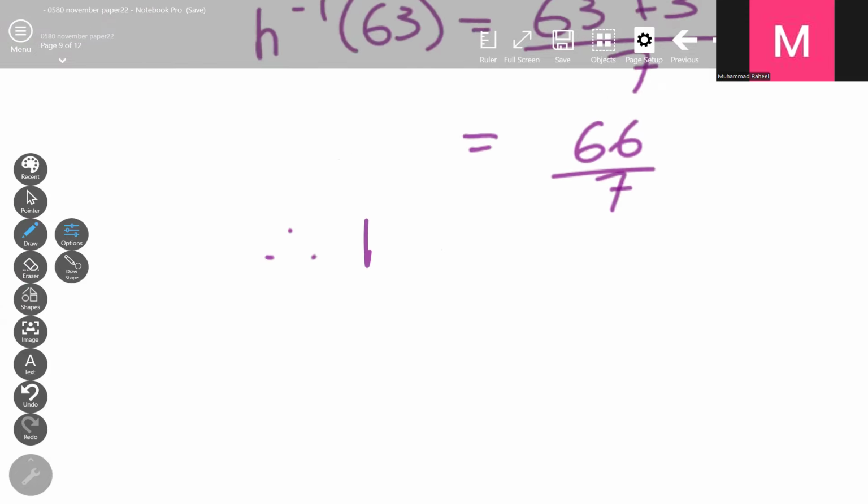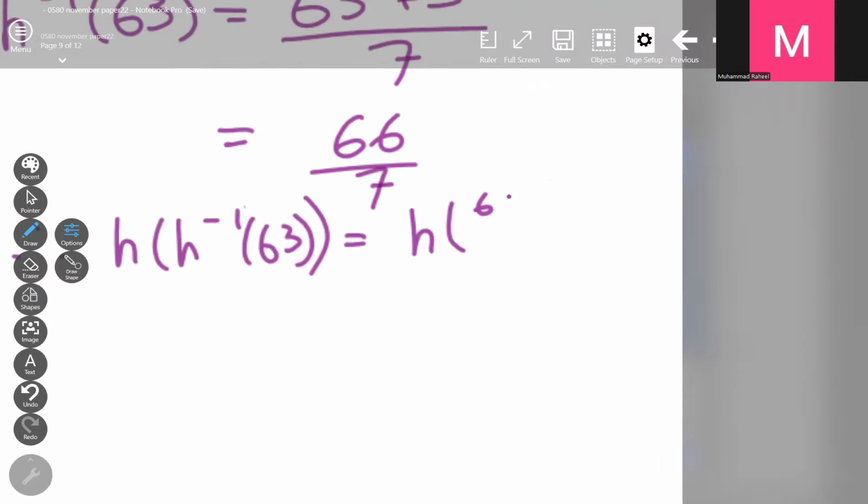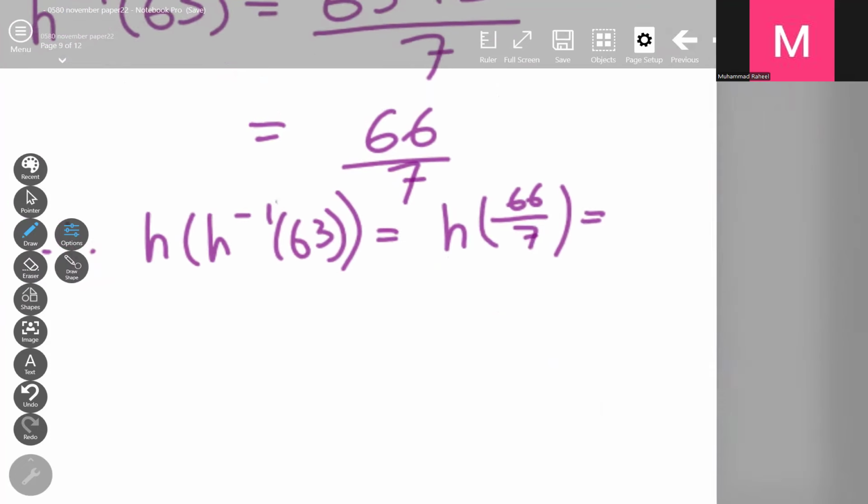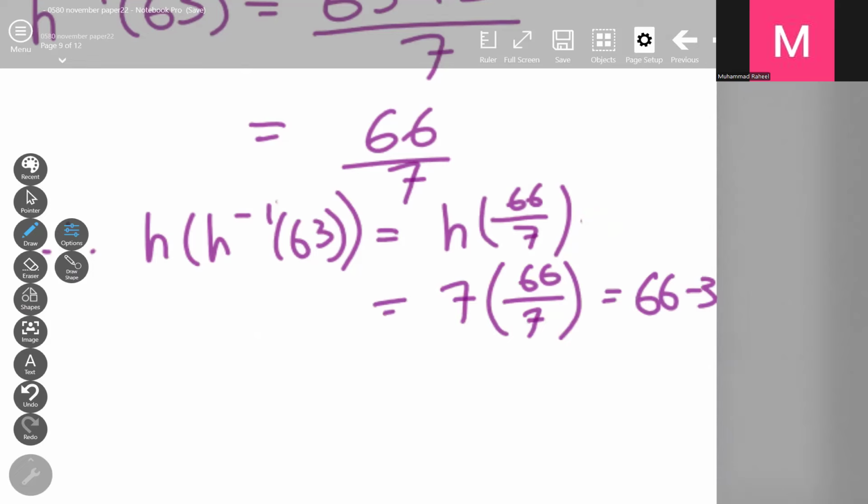Then we can multiply 7 into 66 over 7, which means that 66 minus 3 is 63.